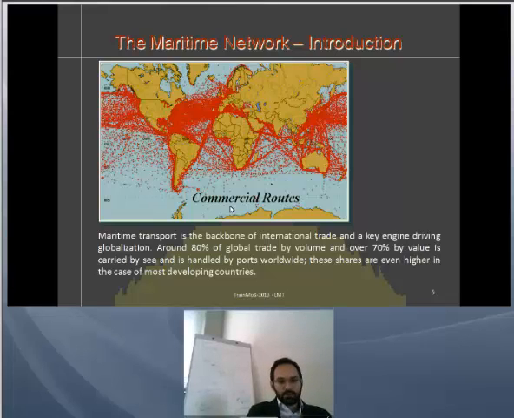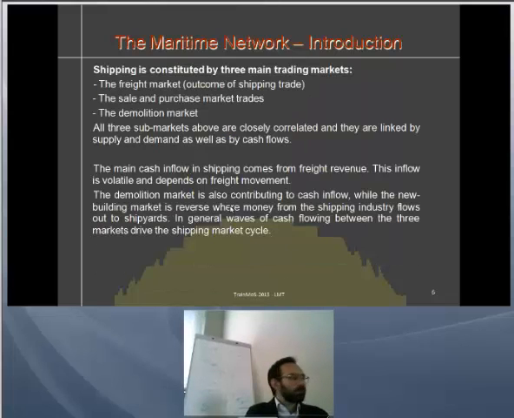So now, in order to see how shipping works, we need to distinguish the different markets that are within this great market. Firstly, we can say that if we isolate shipping from global trade, we can consider that it's constituted from three different sub-markets. Firstly is the freight market, which is of course the outcome of shipping trade.